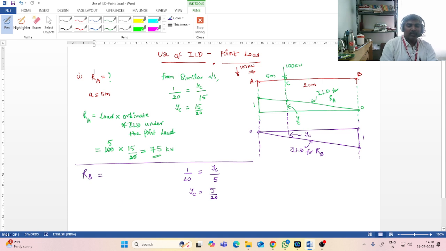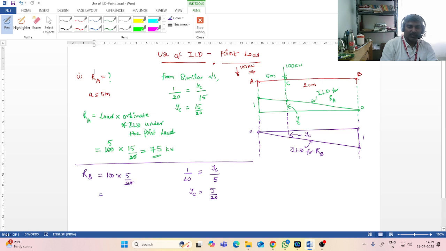Now if I want the RB value, the reaction at B, I use the ILD for RB. Wherever there is a point load, that point load is multiplied by the corresponding ordinate value. So the load value is 100, the ordinate value calculated is 5 by 20.